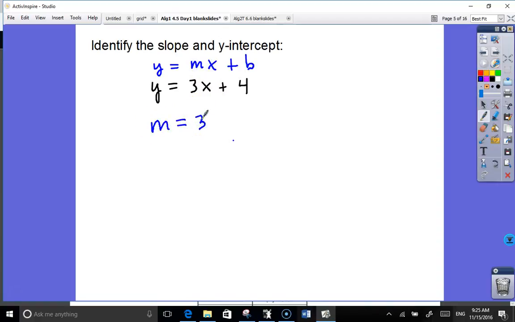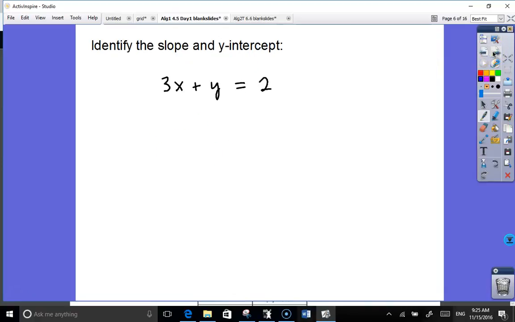And the y-intercept is 4. What does y-intercept mean again? What is it on the graph? Yeah, where it crosses the y-axis. So at the point 0, 4, this line crosses the y-axis.